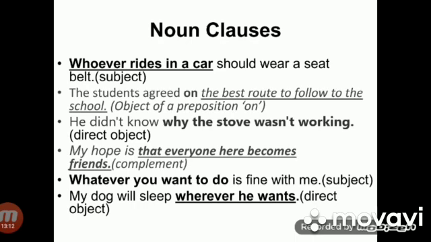My hope is that everyone here becomes friends. The subject complement is everyone here becomes friends. Whatever you want to do is fine with me. This is the subject of the verb is fine. My dog will sleep wherever he wants. The direct object is wherever he wants.